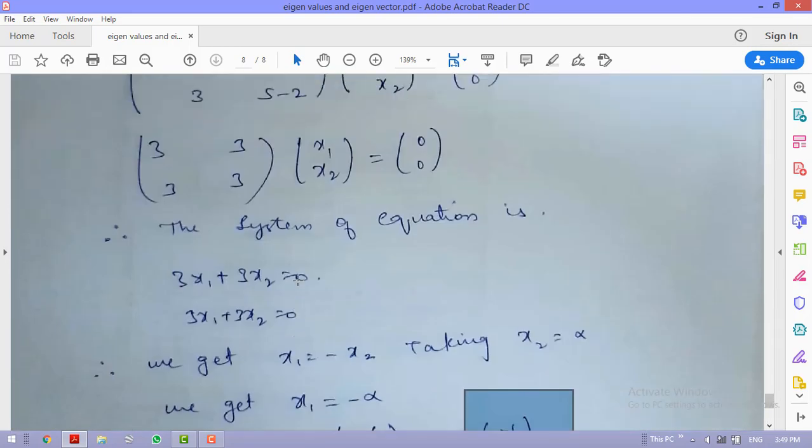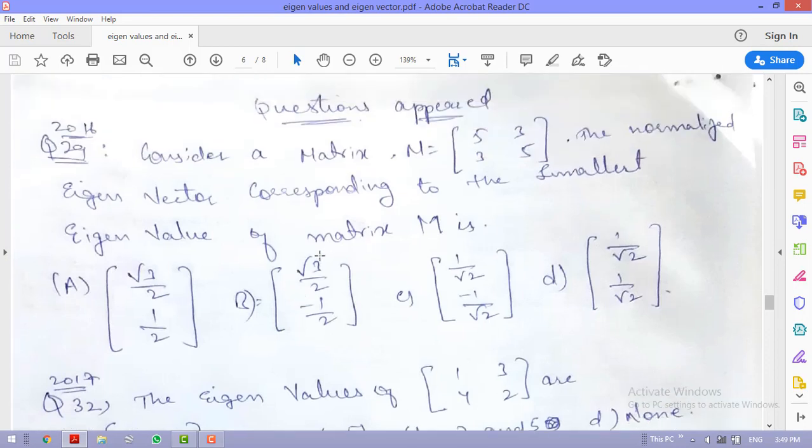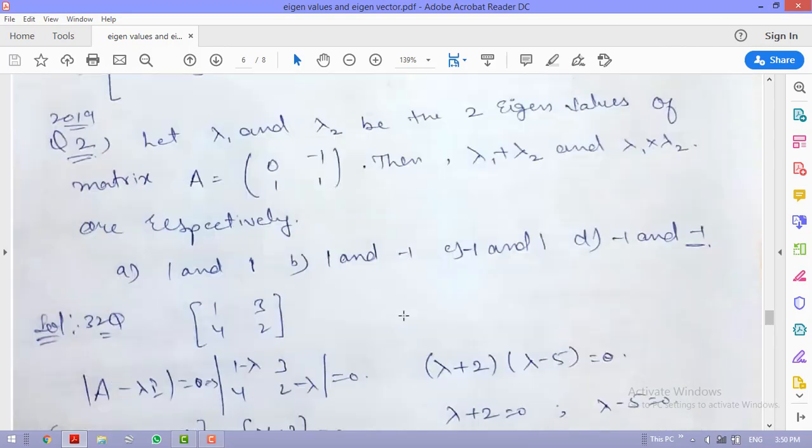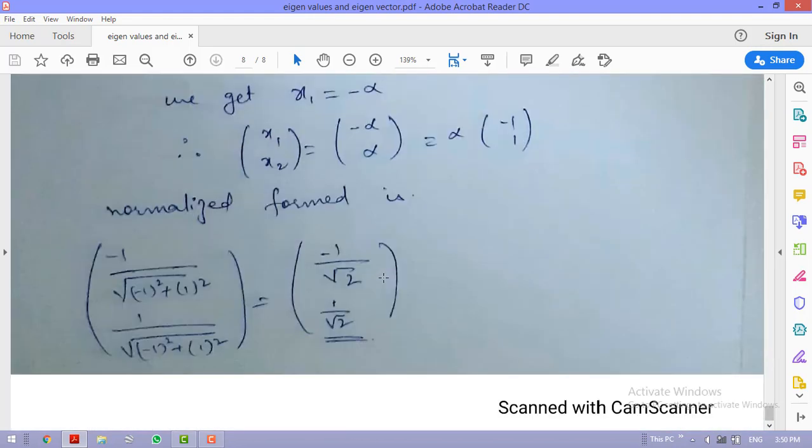So what will be the final answer for this? Root 3 is not there. Root 3 is not there. And they both are positive, so even this option cannot be there. Here I have 1 and minus 1, although in my answer I got minus 1 and 1.